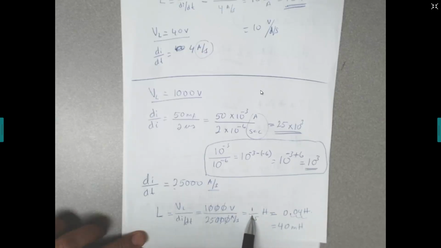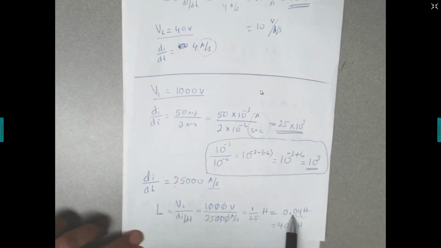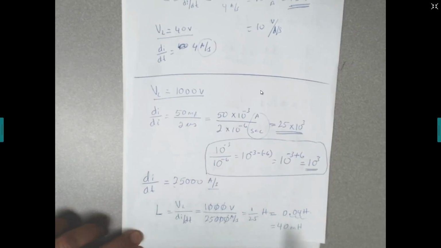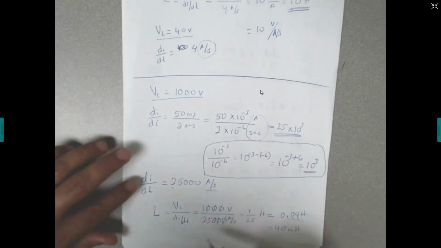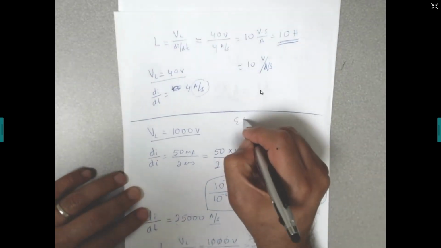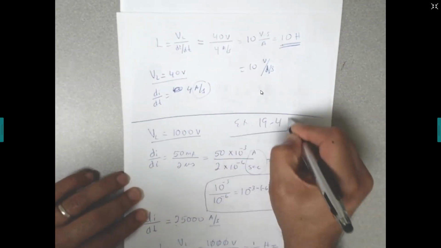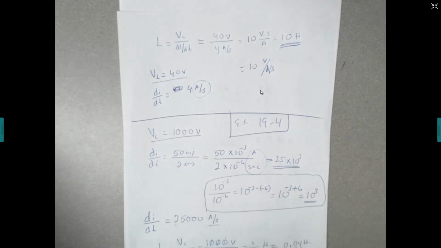If we divide 1 by 25, we get 0.04 henries. If we don't want to use the decimals, we can always say this is going to be 40 millihenries. Okay, and again, this is example 19.4 in your textbook. It's on page 581.